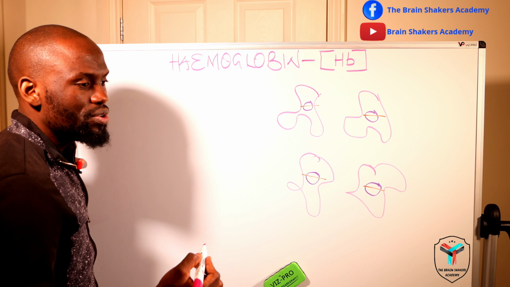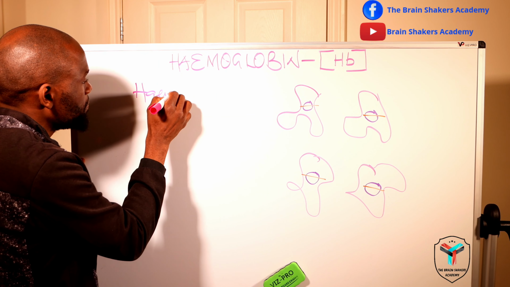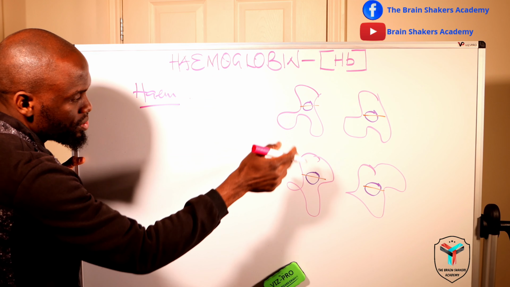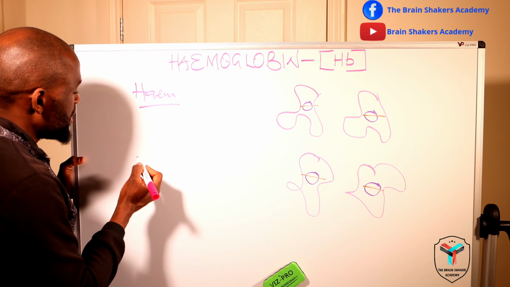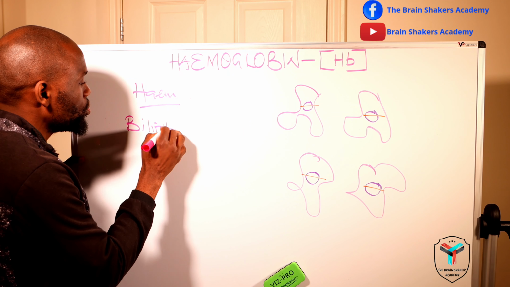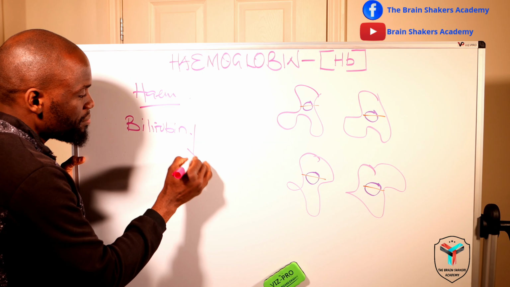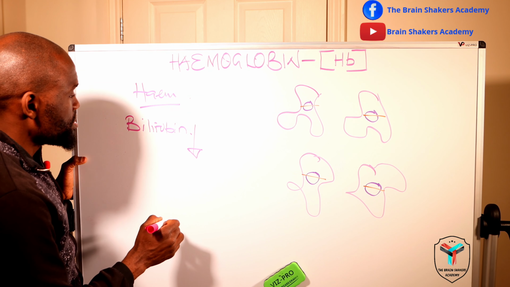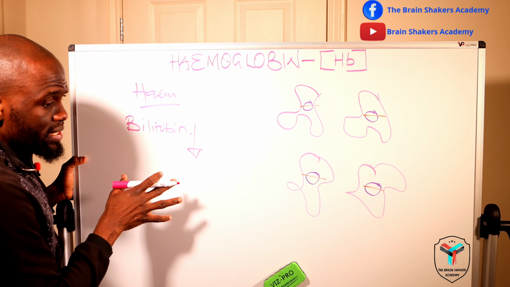Then what happens to the heme itself? The heme is going to undergo a reduction. When the heme has been broken down, the protoporphyrin rings will give a component that we refer to as bilirubin.